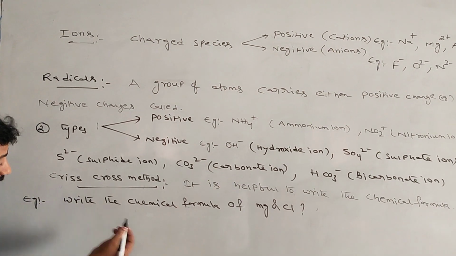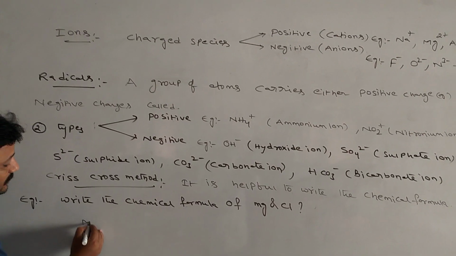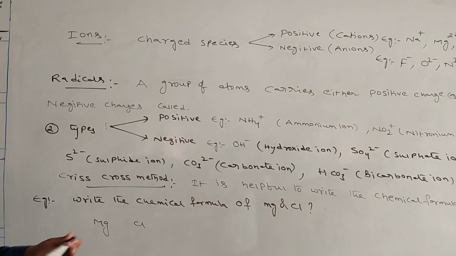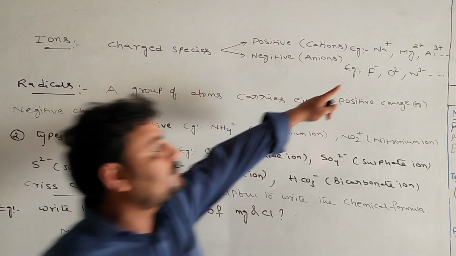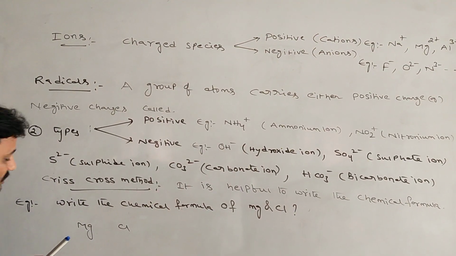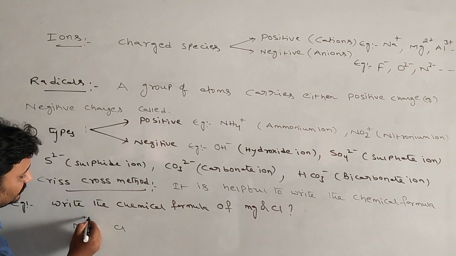We have to write magnesium on one side and chlorine on the other side. What is the magnesium charge, guys? Magnesium charge is 2 plus. So you have to write the charge on top of the element, plus 2.